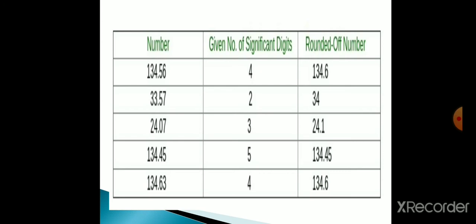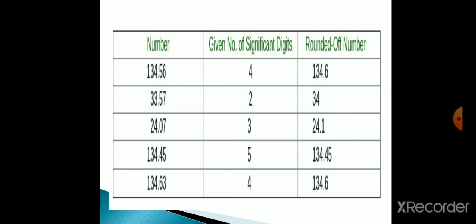Selecting the first 4 digits, you will get 134.5. The dropping digit is 6, which is greater than 5. So 1 must be added to the previous digit. So the rounded off number becomes 134.6.